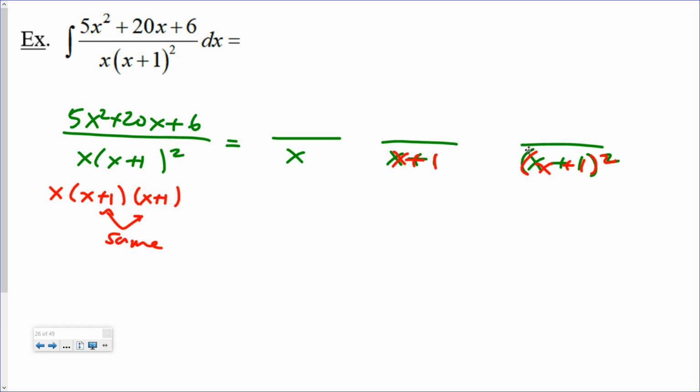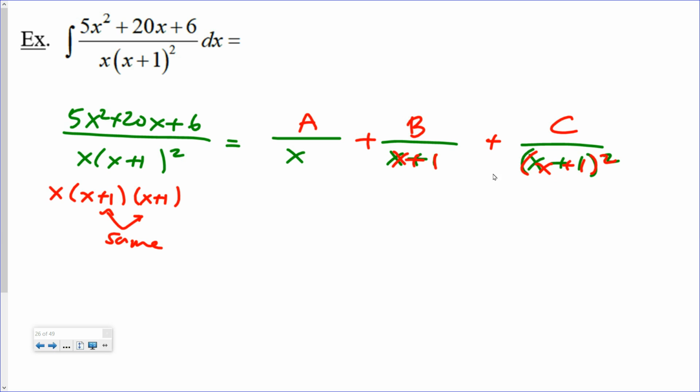Now, because they are all linear factors, this will be A. Well, this is not repeated, so this is definitely just A on top, okay? The x plus 1, because it's linear, would just be a B, okay? The x plus 1 squared, even though it's a quadratic, because it's a repeated linear factor, it just gets a C, okay?